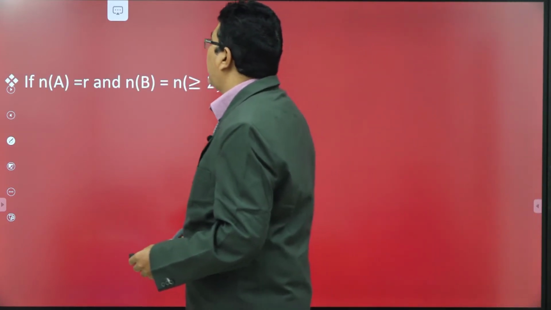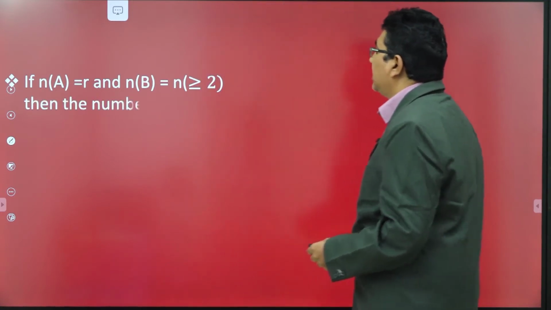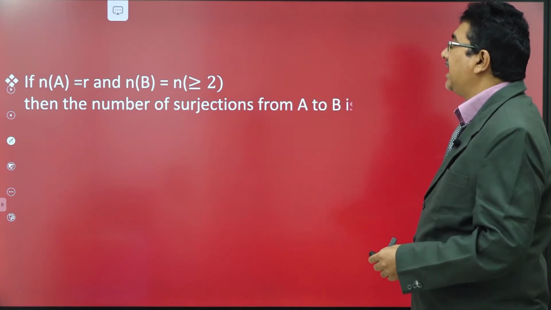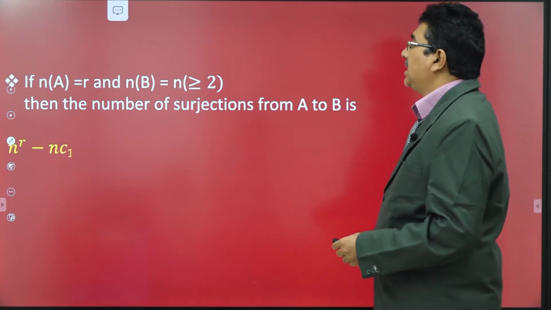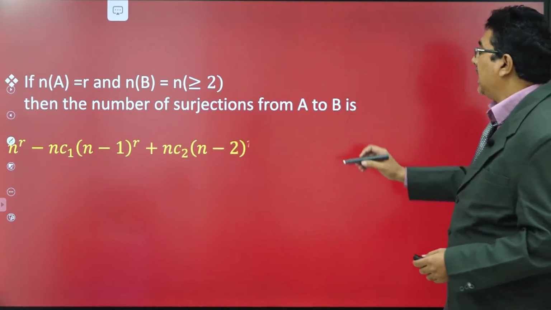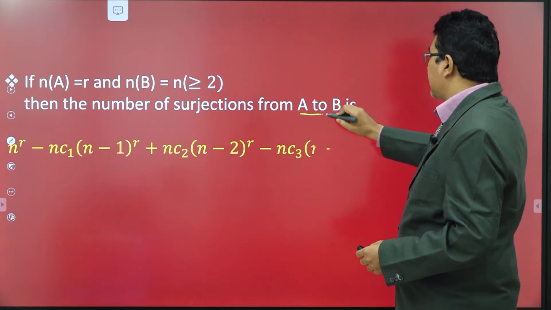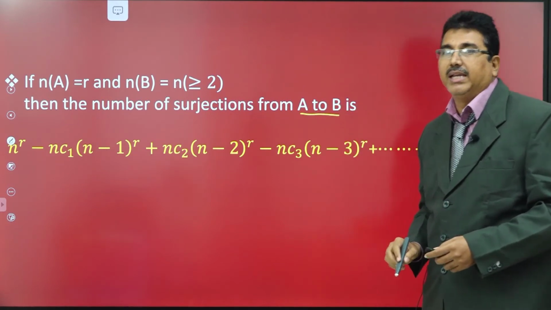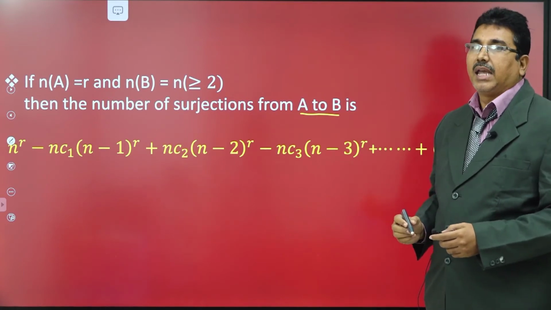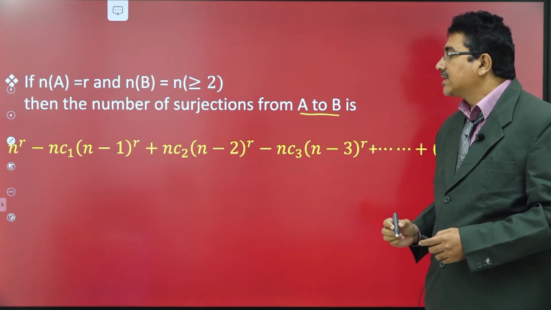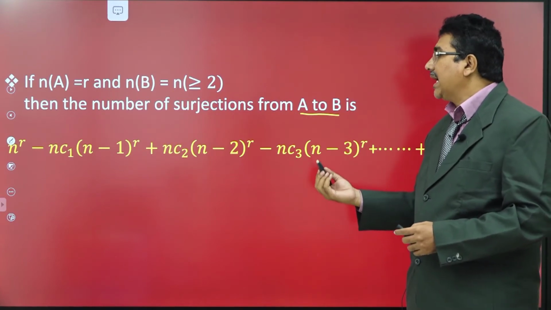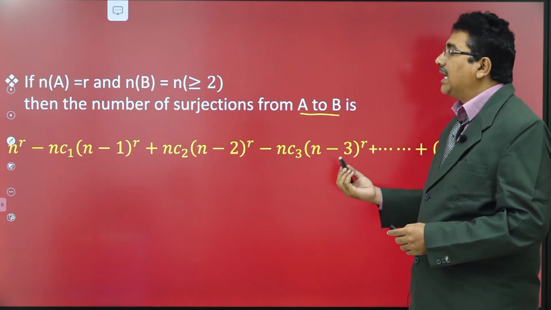If n of A is equal to r and n of B is equal to n greater than or equal to 2, then the number of surjections from A to B is n power r minus nC1 into (n minus 1) whole power r plus nC2 into (n minus 2) whole power r and so on.